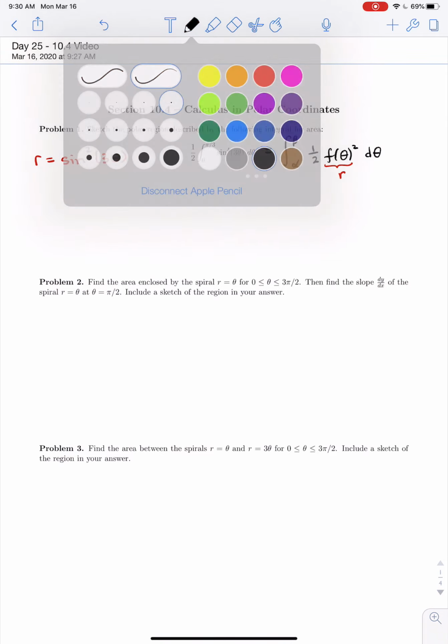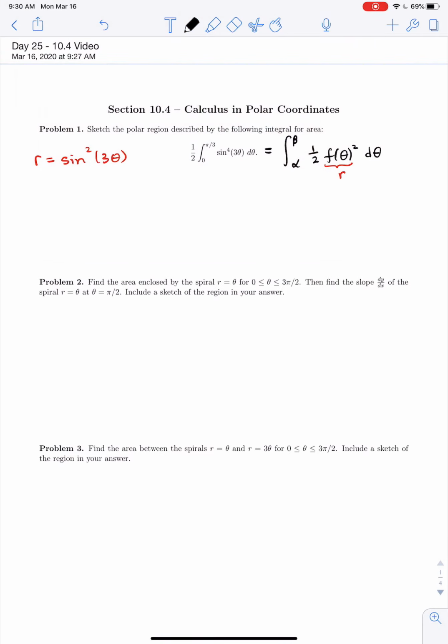I'm not going to graph all of these as we go through this worksheet, but just as a refresher, the way you can figure out what a polar curve looks like is just by plotting some points. Obviously, we only care about theta between 0 and pi over 3. So when theta is 0, our radius is sine squared of 3 times 0, which is 0.